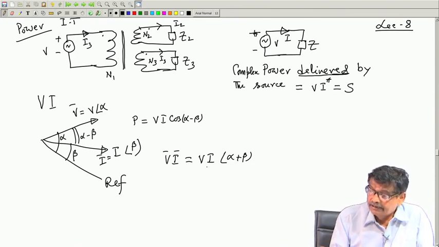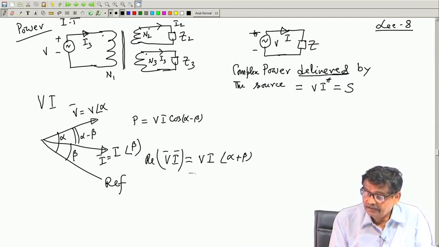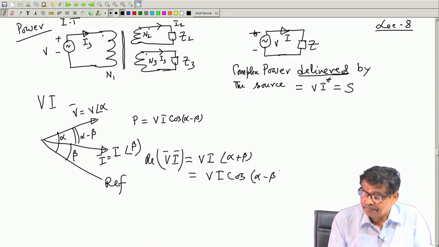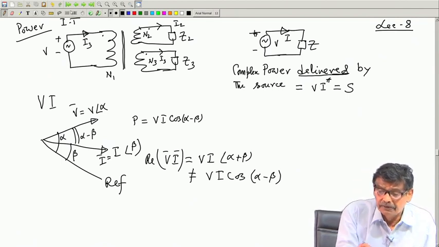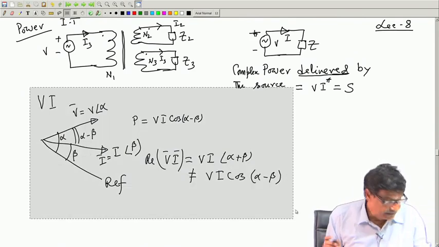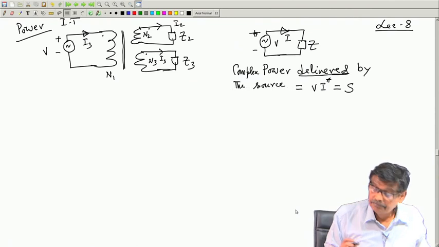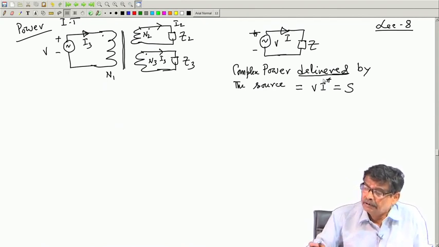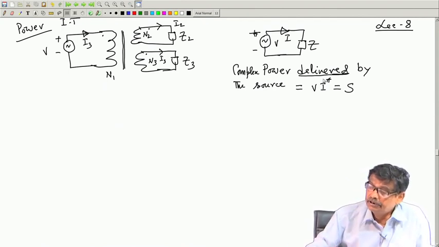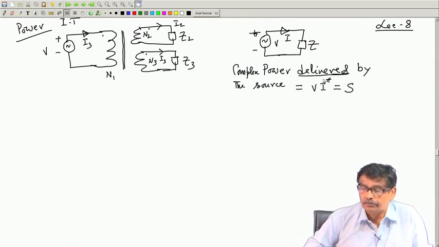Therefore, the real part of this is not equal to V I cosine alpha minus beta. You should just remember this. Anyway, this is just a side remark. Therefore, V I star you have to take. Mind you, V and I, although I am not putting bars, are complex numbers, and this gives you the complex power delivered by the source.